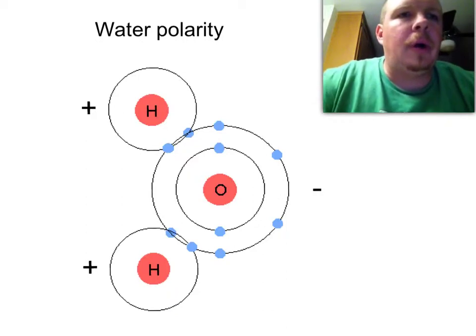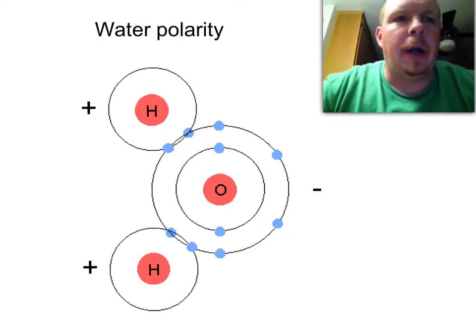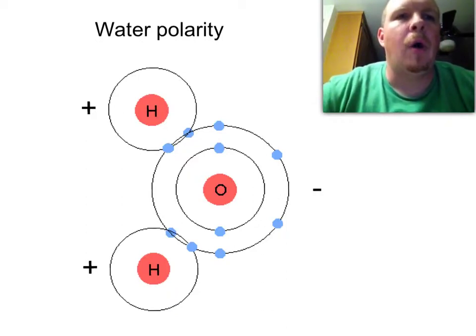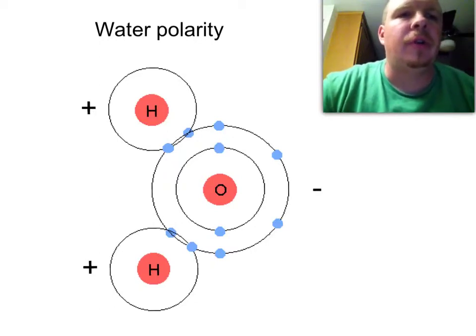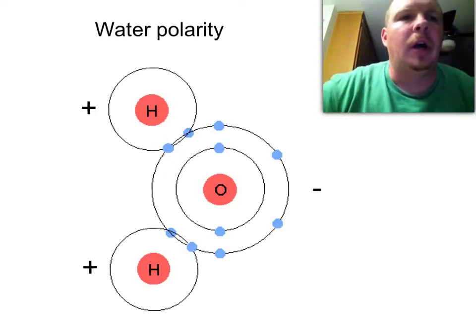Alright, so here's a picture of water, and hopefully you know that water is made of H2O. What you see are three atoms, one oxygen and two hydrogens. The oxygen, if you looked on the periodic table, would have an atomic number of 8, and the blue dots in the oxygen represent electrons.